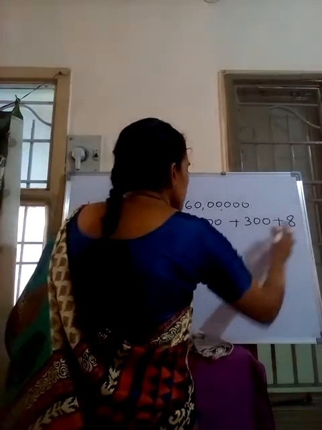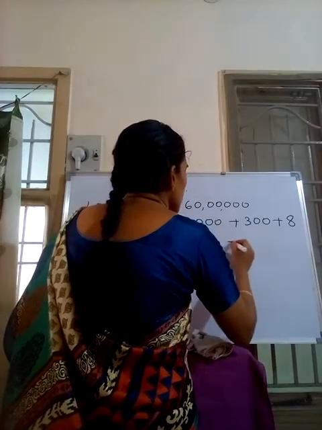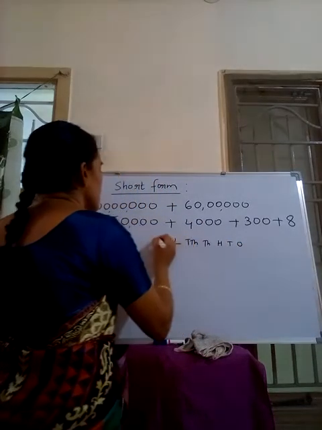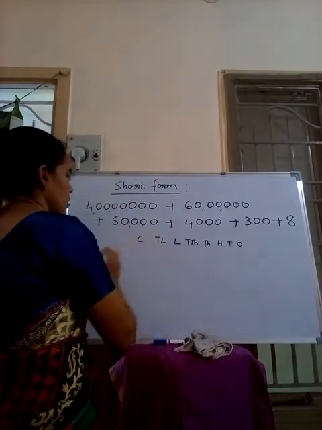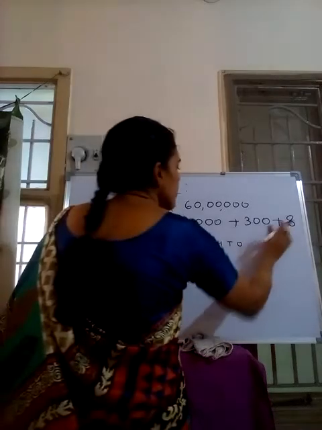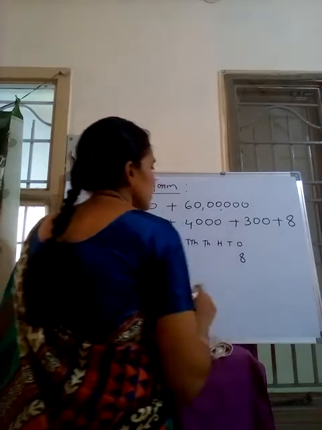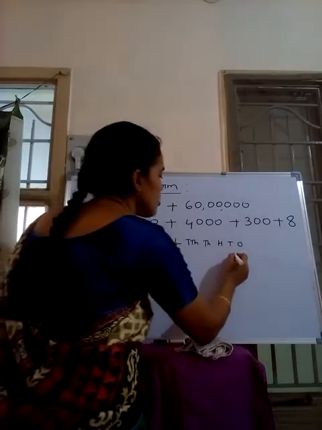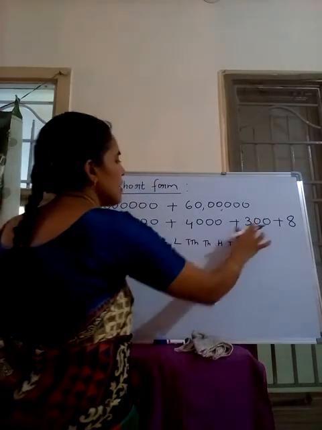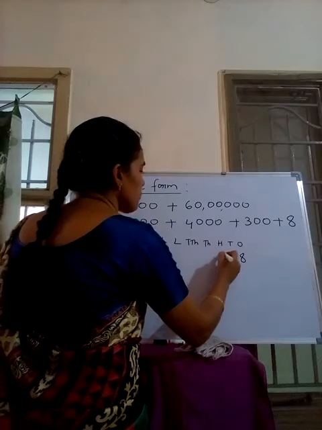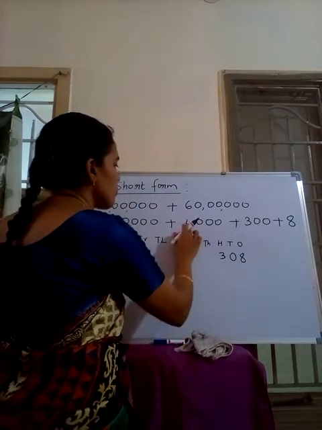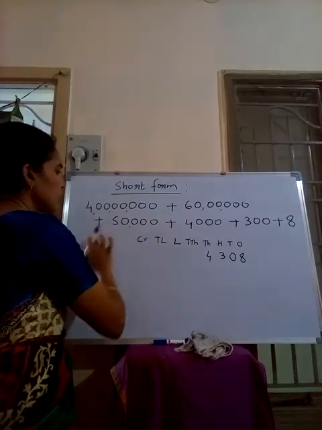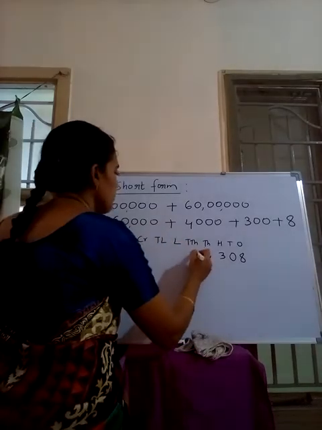We have the places: ones, tens, hundreds, thousands, 10,000, lakhs, 10 lakhs, crores. In the ones place we have 8. Tens are not there, so I am writing 0 under tens place. Hundreds place is 3. Thousands place is 4. 10,000s place is 5.